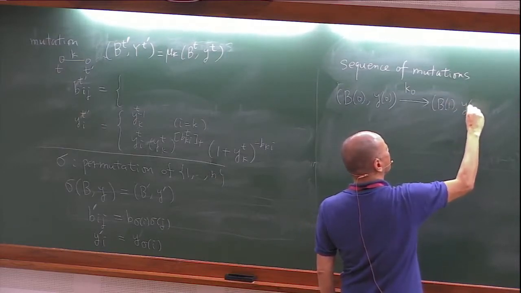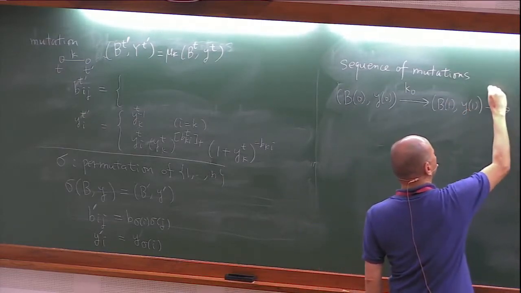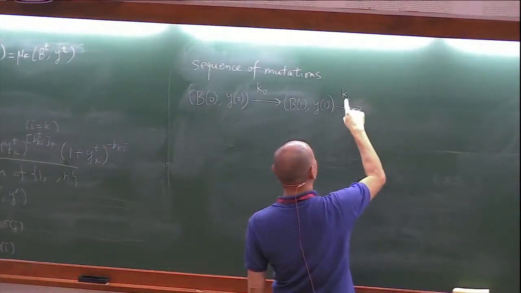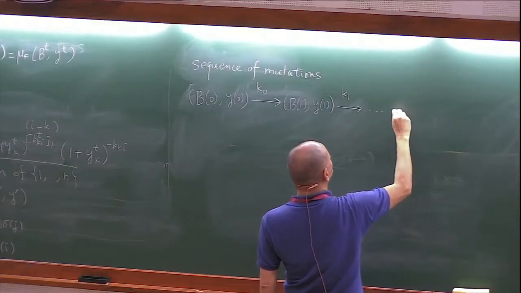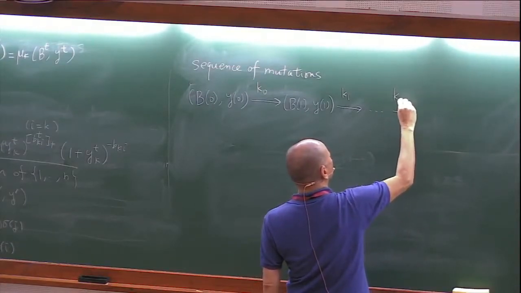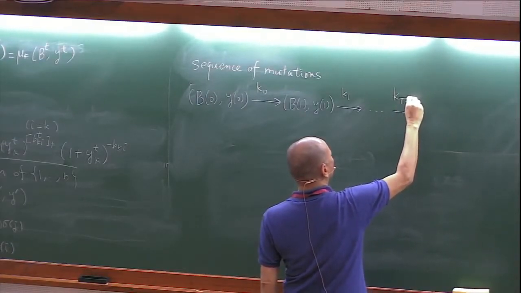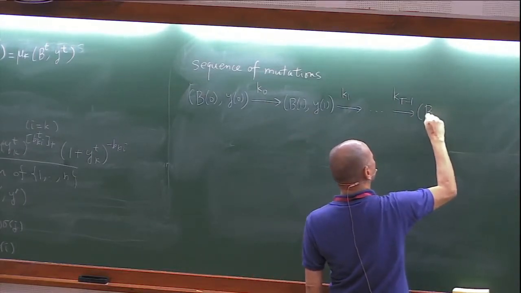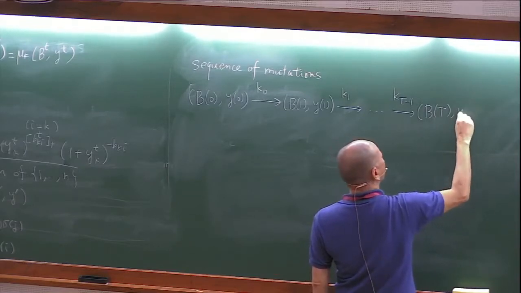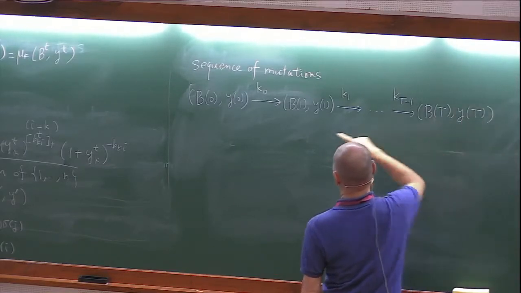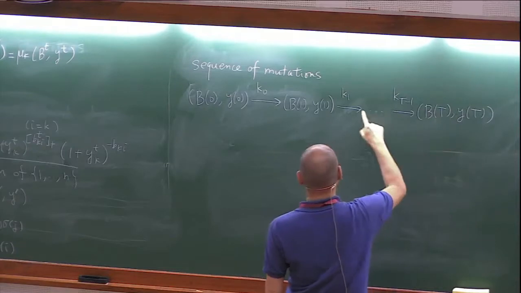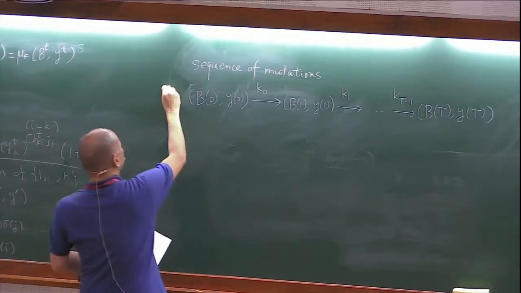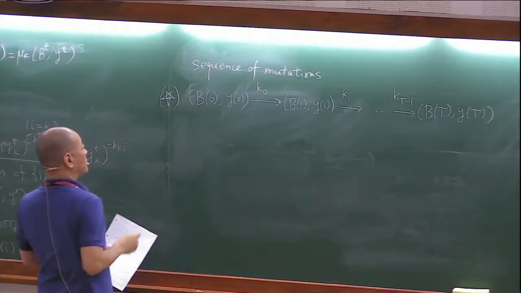Then you make a mutation in some other direction, or if you wish k0 is the same, whatever. And you repeat t times, starting from 0, and you end up with something. Suppose this is the initial state, and this is the final state at time t. Let's call this sequence of mutations a star.